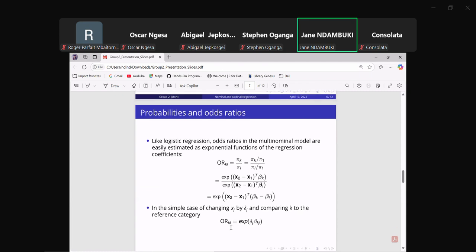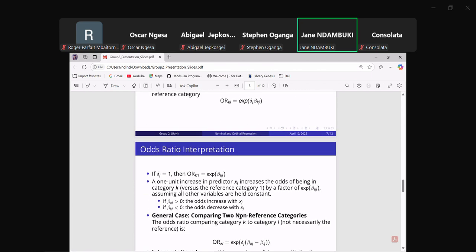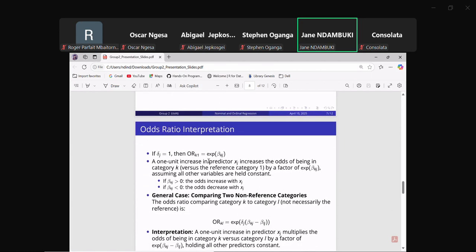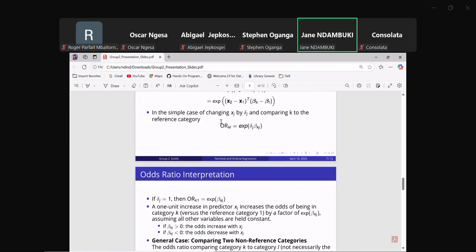So this is the odds ratio between the ratio of probabilities, where you are exponentiating the coefficients. Now the interpretation is here. Let's say we increase the predictor x_j by delta_j. In our case, we let delta_j be equal to 1.